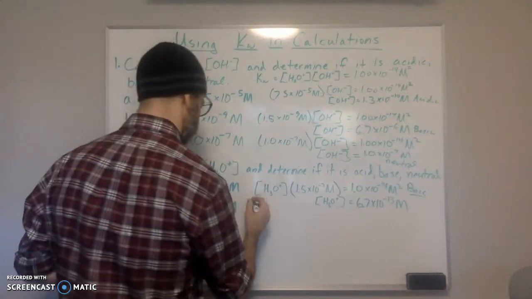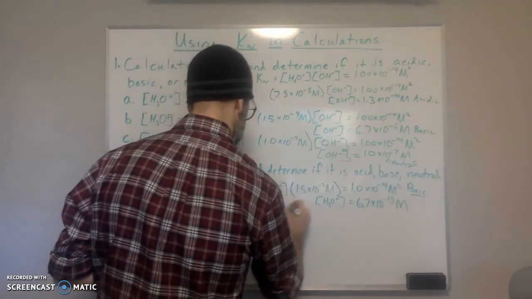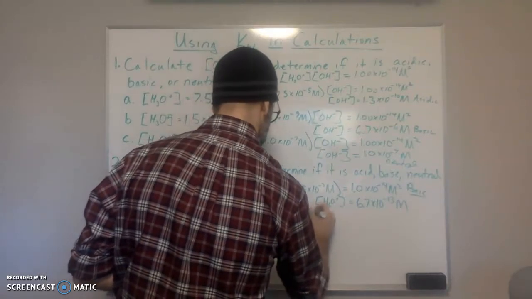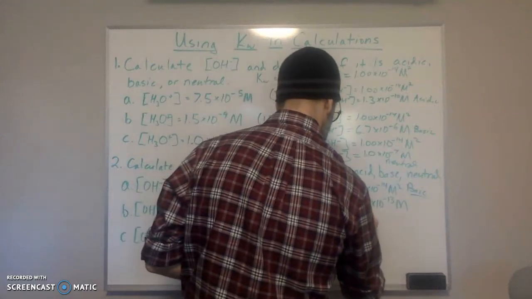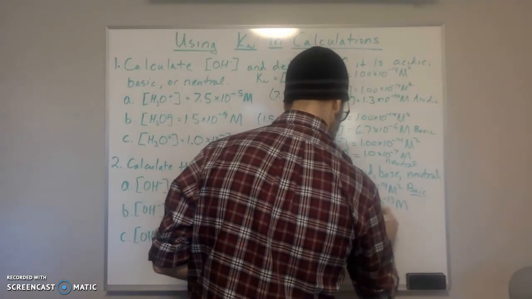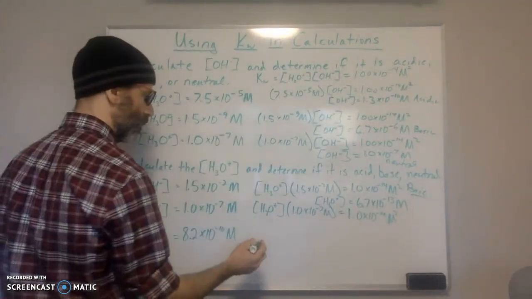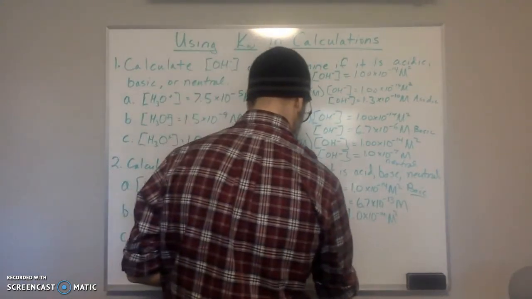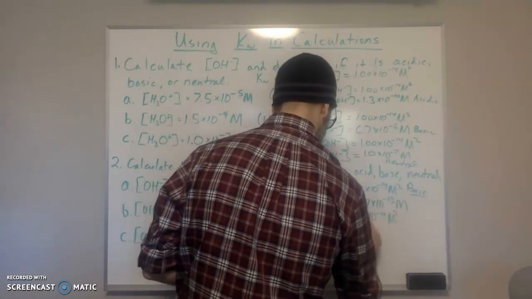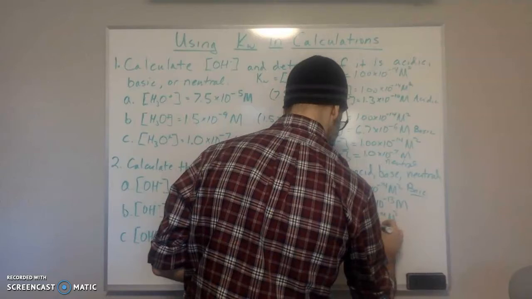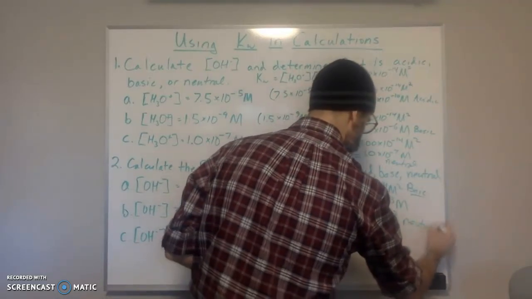Just to be complete, we would have our H3O+ concentration multiplied by 1.0 times 10 to the negative 7 molar is going to be equal to 1.0 times 10 to the negative 14 molar squared. And then you would solve, and then of course you would get an H3O+ concentration equal to 1.0 times 10 to the negative 7 molar, and that would be neutral.